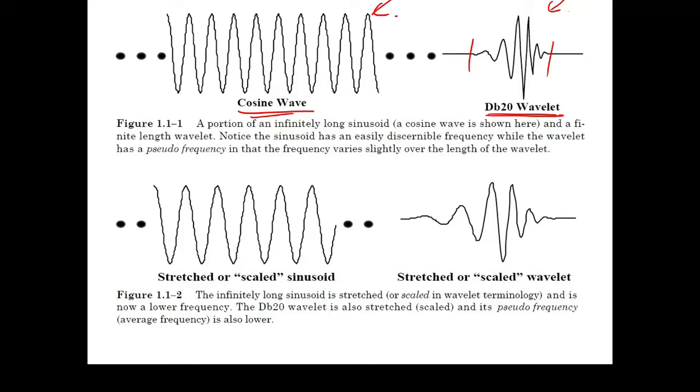Again, I told you we change the frequency of the sinusoids in the Fourier transform by stretching them. Here, what we do is stretch the wavelets and find out the correlation.